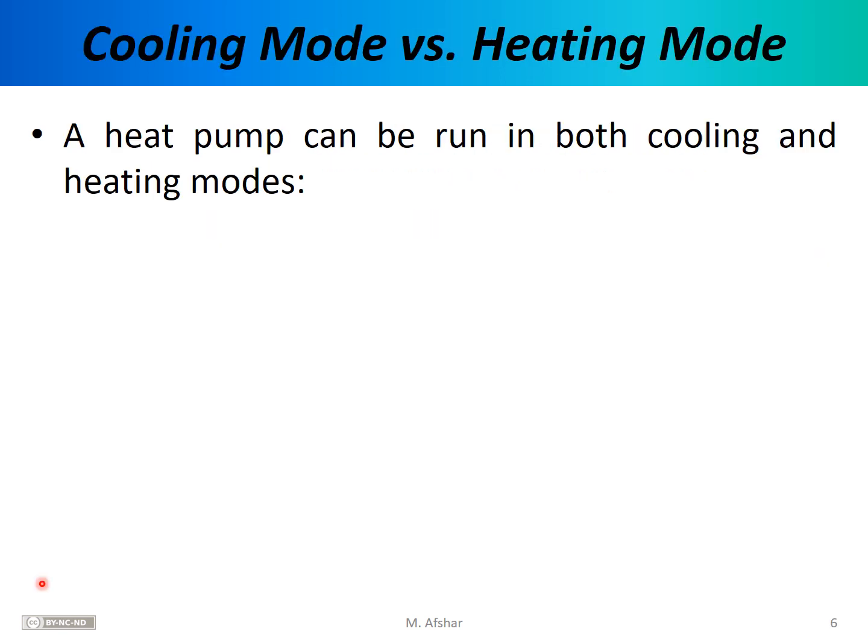From the previous slide, you may have noticed that a heat pump can be used in two different ways. A heat pump can be used either in cooling mode or in heating mode. In either case, we're talking about a heat pump that essentially pumps thermal energy from something cold to something hot. The real difference is the practical utility or the practical function of the heat pump.